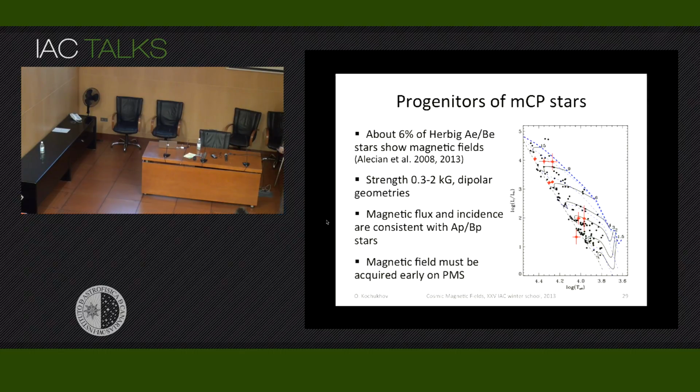And even the incidence is consistent, so roughly 10% show these global fields. So this tells us that whatever is the process by which the stars get this field, this must happen very early in their evolutionary phase, much earlier than the Herbig Ae/Be phase. Okay, so I would like to stop here for today.